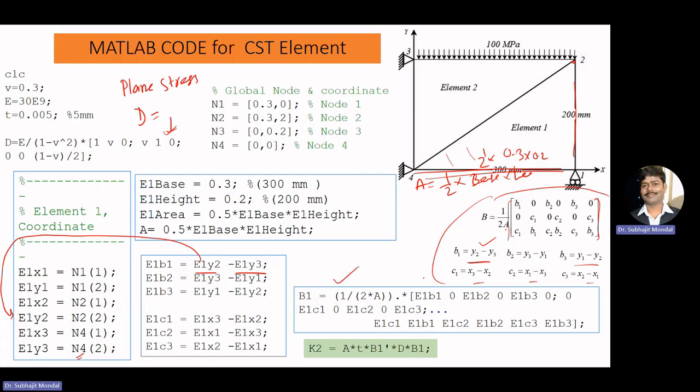Okay, so this way basically we can calculate the B matrix. Now once you are able to calculate the B matrix, we can calculate the K for element 1. Okay, for element 1 it is nothing but A times T in bracket B transpose D B here. Instead of B, we are writing B1 for element 1. So we can calculate the stiffness matrix for element 1.